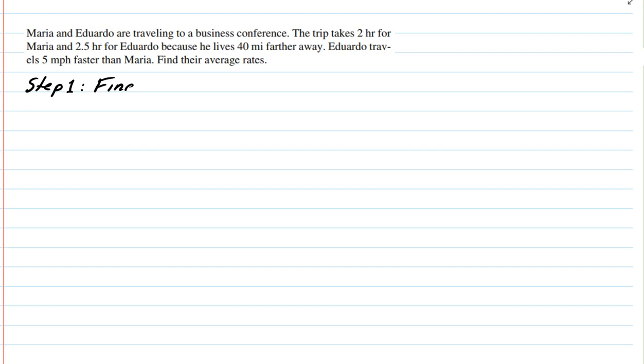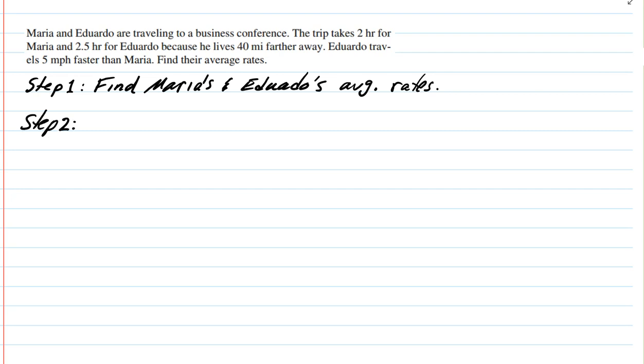Okay, so that's what we want, right? Let me just put down. We want to find Maria's and Eduardo's average rates. Now the rate in this case would be the same as their speed, how fast they're moving. Okay, now step 2 is, remember, we need to assign a variable.